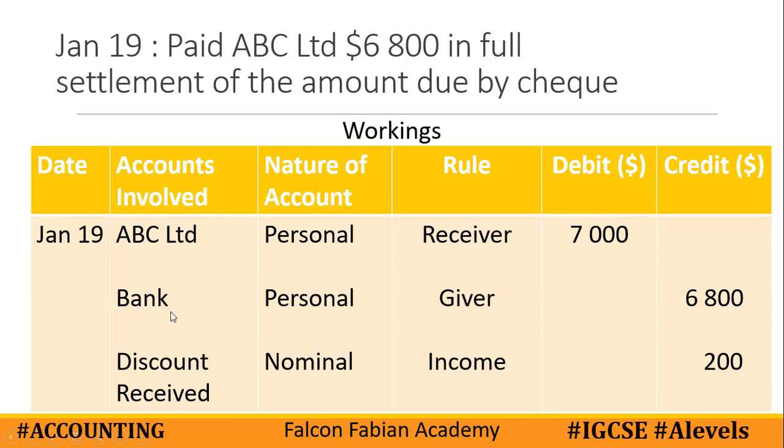The rule of personal account is applied, and bank is the giver of money in this transaction, and the amount is 6,800 because 6,800 is being paid from the bank account. And the third account is discount received. The rule of nominal account is applied because discount received is an income, and because it is an income, discount received account needs to be credited by 200.